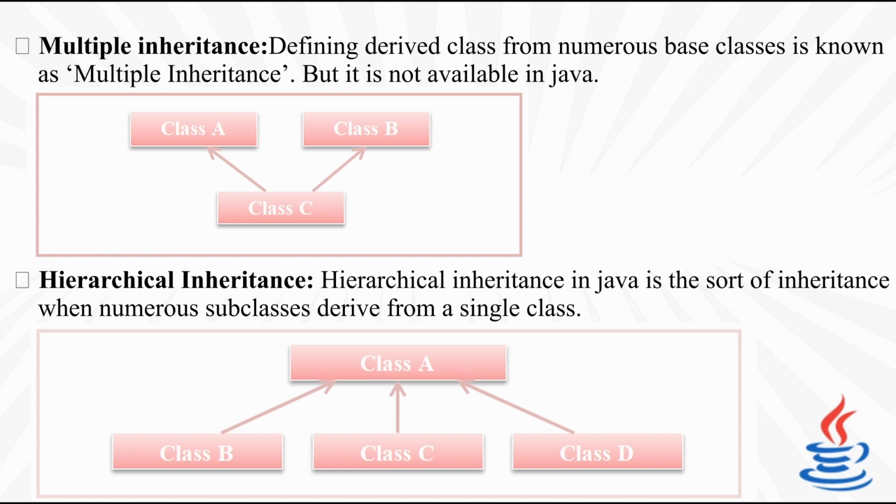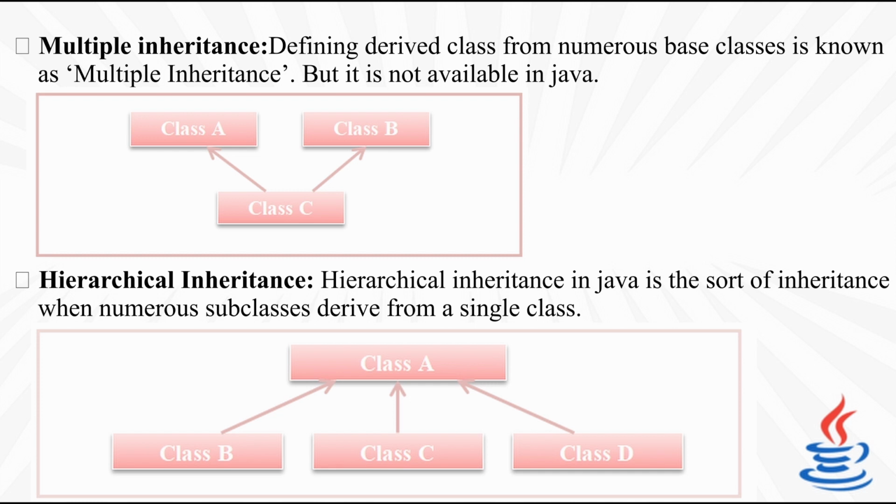Multiple inheritance is available in object-oriented programming with C++, but it is not available in Java. Fortunately, Java developers have the interface concept, allowing them to achieve multiple inheritance by using multiple interfaces.